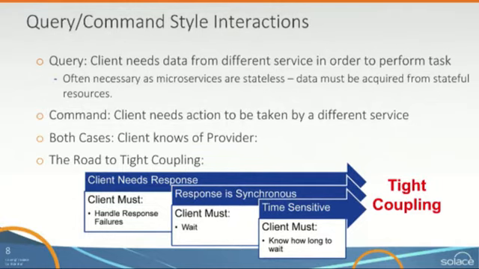But what I don't like is the word command, because if one microservice is commanding another microservice to take some action, that is right there introducing some amount of coupling. So if we start to think about commands in a slightly different way, as really just events, then if a microservice produces an event, it's up to a downstream service to interpret that event and take action on it if necessary.